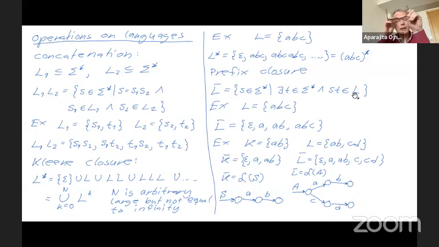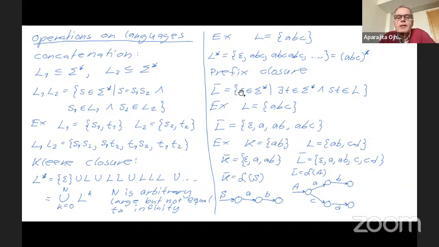Note that the language can include not only one string, but in this case it does. So it includes epsilon, ABC, ABCABC, ABCABCABC, etc., adding more ABC all the time. The prefix closure is all prefixes for a given string.